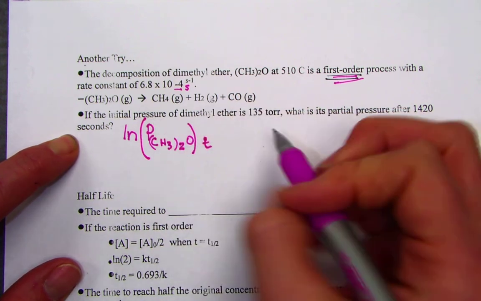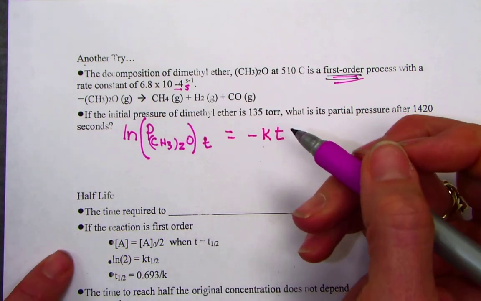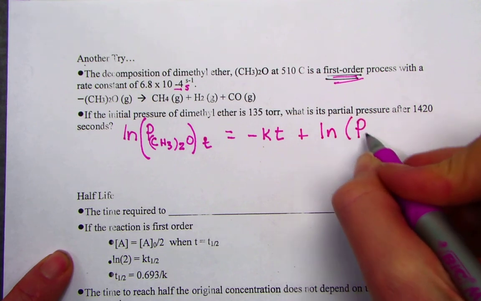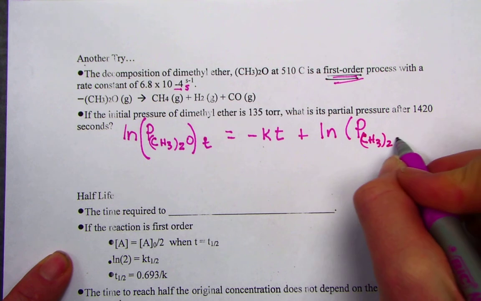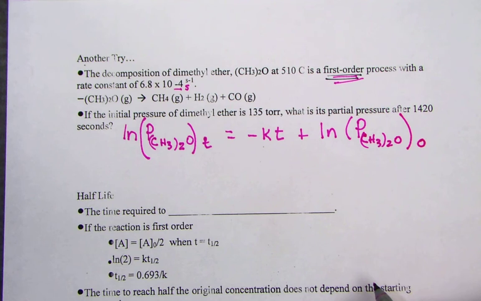I'm just putting parentheses around that, is negative kt plus the natural log of the partial pressure of our reactant, CH3 taken twice O, and I'll close the parenthesis and put a 0 to say the original amount of pressure. No difference in the math. I'm just showing partial pressure instead of big M molarity units.